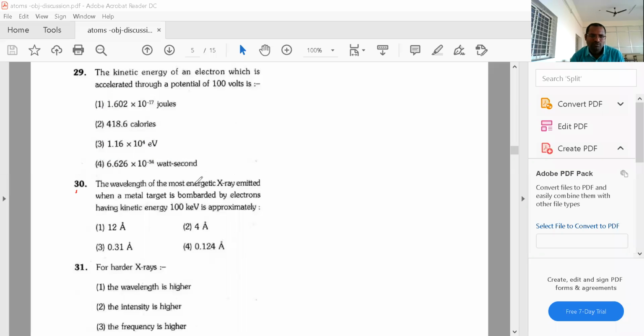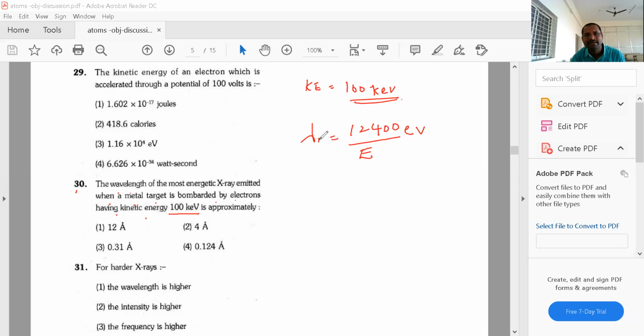The wavelength of the most energetic X-ray emitted when a metal target is bombarded by electrons having kinetic energy 100 kilo electron volt. Kinetic energy given is 100 kilo electron volt. They are asking for the wavelength: lambda in angstrom is equal to 12,400 upon the energy in electron volt.